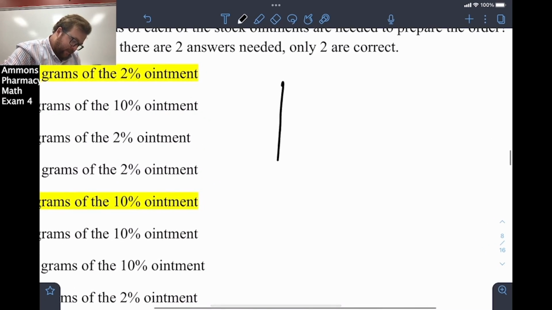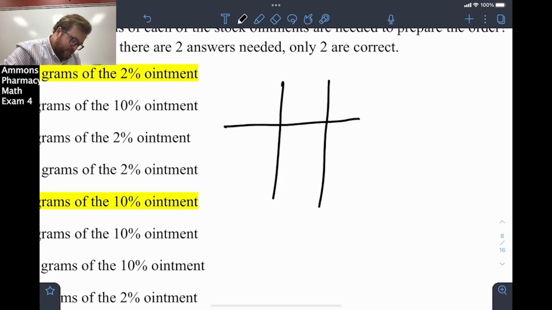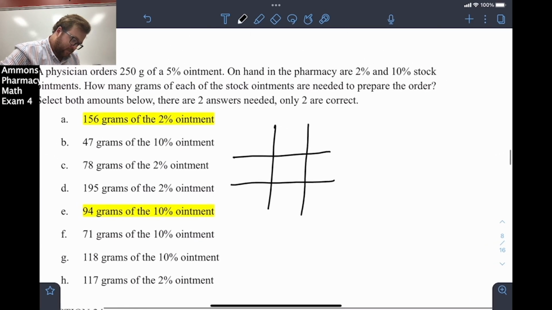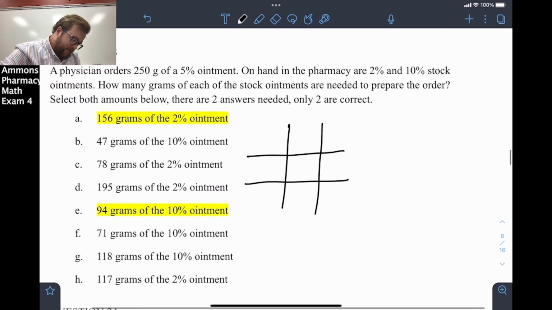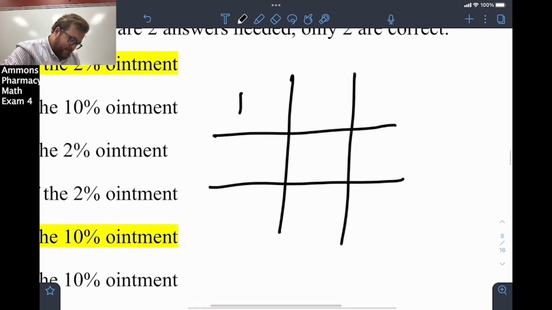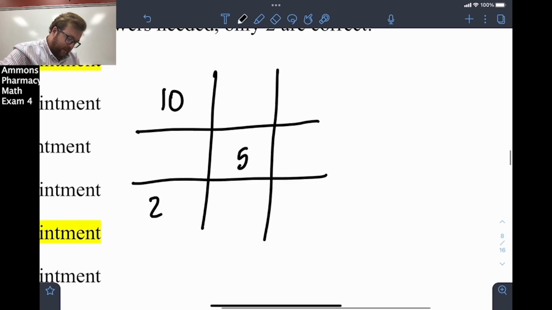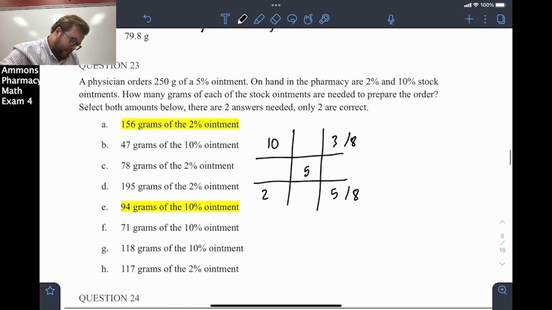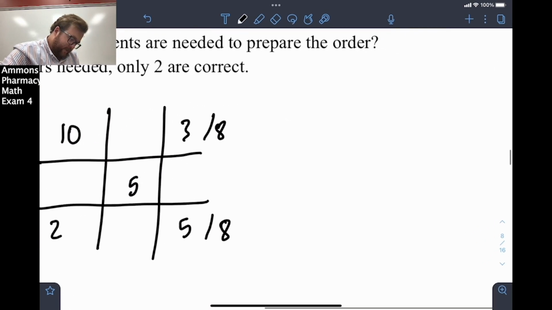Alligation, I'm going to go ahead and draw it. We have 2 and 10, we need to make 5. 10 minus 5 is 5, 5 minus 2 is 3. Add them together, and that's 8. How many do we need? We need 250 grams.